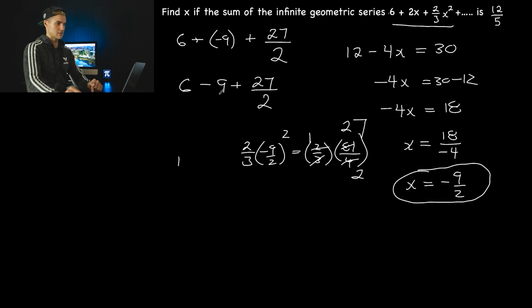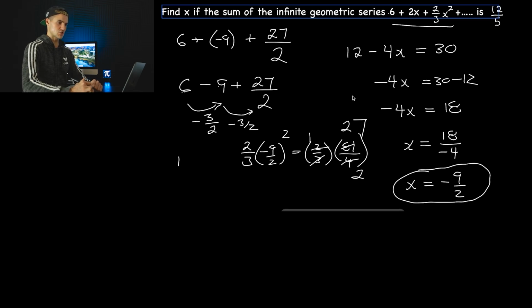What's the common ratio here? If I take negative 9 divided by 6, that's negative 3 over 2. Each term is being multiplied by negative 3 over 2. 6 times negative 3 over 2 is negative 9, and negative 9 times negative 3 over 2 is 27 over 2.